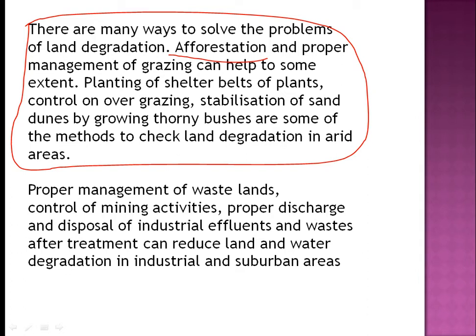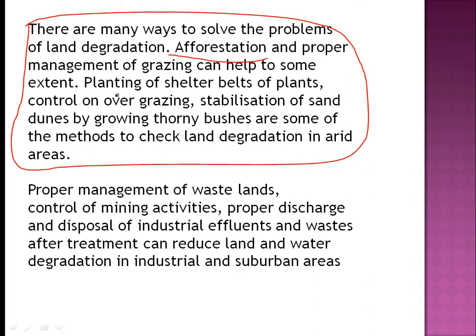Please highlight all these points in a systematic way so your answer can be proper. Again I repeat: afforestation, proper management of grazing, planting of shelter belts, control over grazing, stabilization of sand dunes, as it's given here.